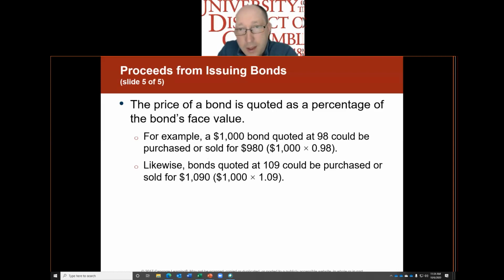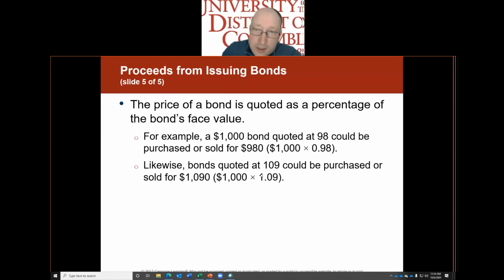So we quote bonds as a percentage of the face value. $1,000 at 98 means we would purchase that bond for $980.